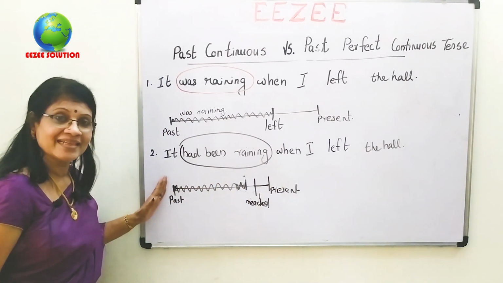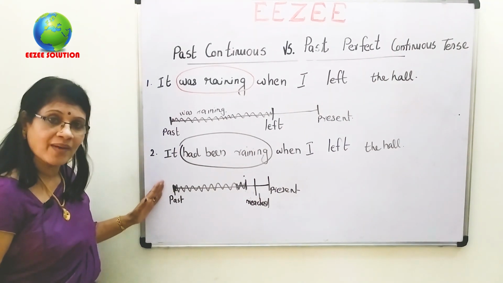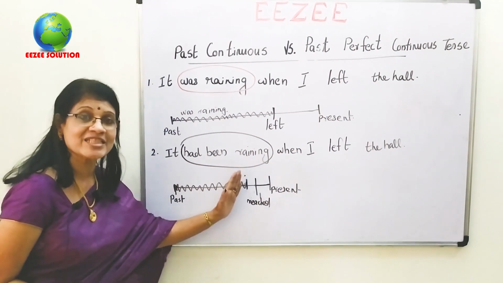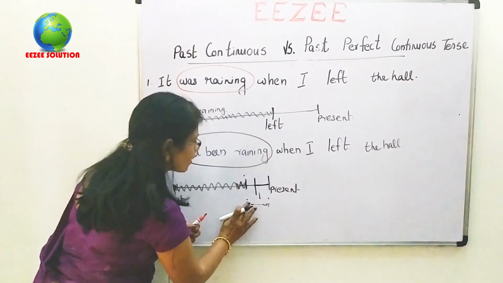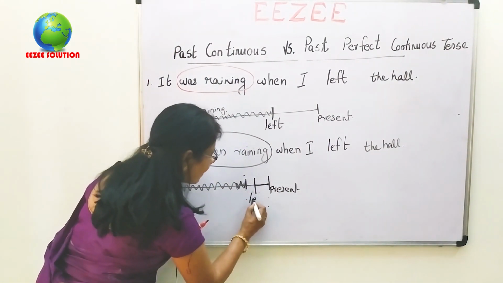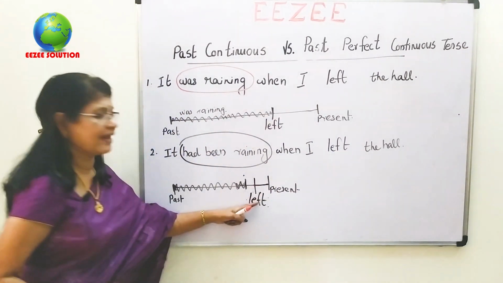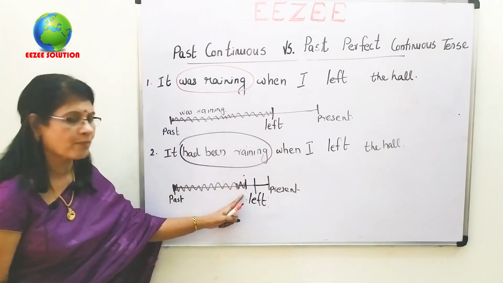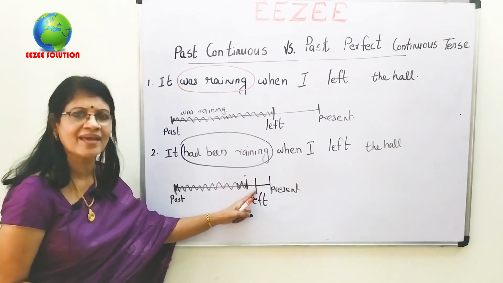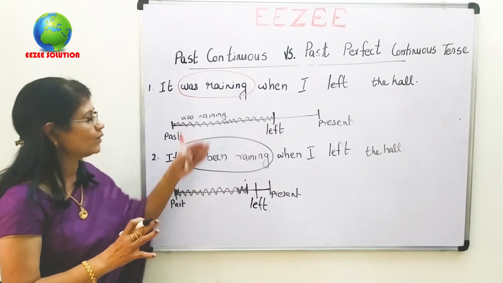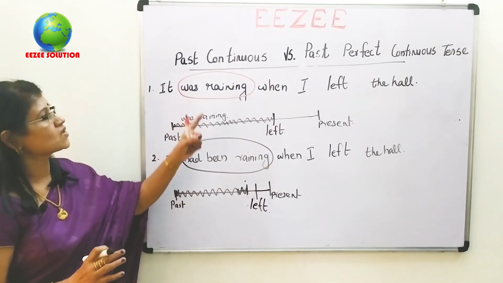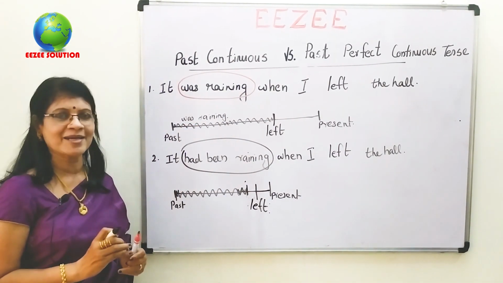It started some time before in the past, it continued and after that it stopped. Actually, the rain stopped here. There should be a gap here. Then only we use had been. It had been, not at that moment. So, that is the difference between past continuous and past perfect continuous tense.